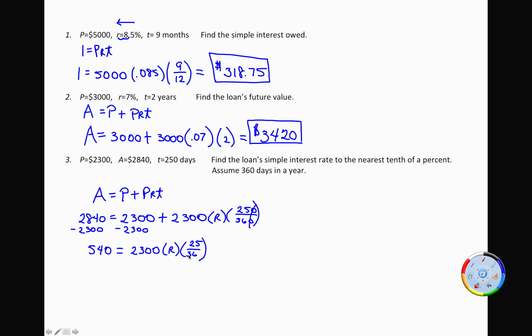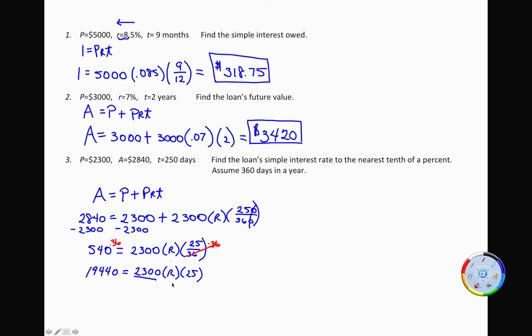Okay, next I might want to get rid of that fraction. I'm going to multiply both sides of this equation by 36, or however you're used to solving your linear equations. So 540 times 36 is 19,440 equals 2,300 times R times 25.